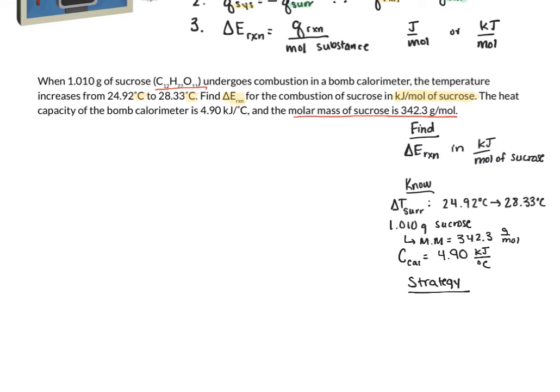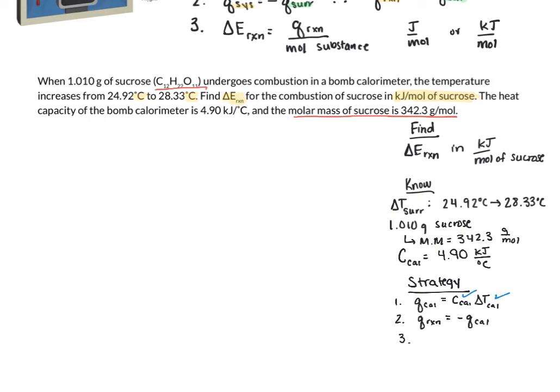So for our strategy, based on the information we have, we can solve for the heat absorbed by our calorimeter. And we know that because we already have this value and we already have this value. Then step 2, once we get that Q of the calorimeter, we'll be able to get the Q of the reaction, because the Q of the reaction is going to be equal to the negative Q of the calorimeter.